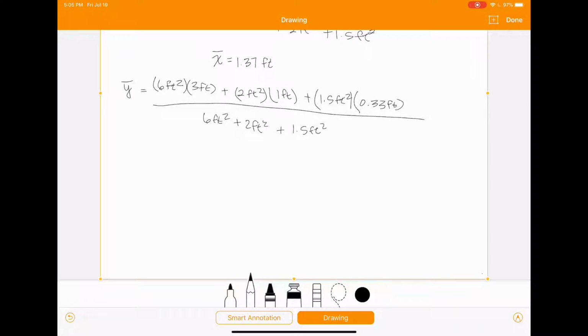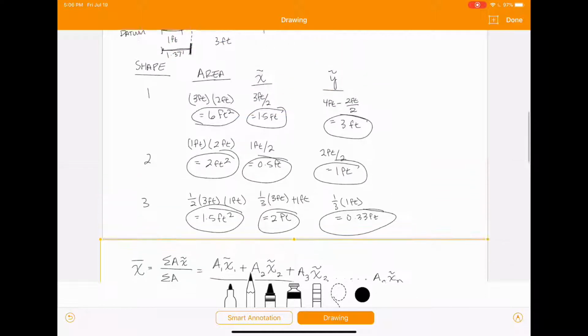And again, you just plug that into your calculator. And you get that equals 2.16 feet.